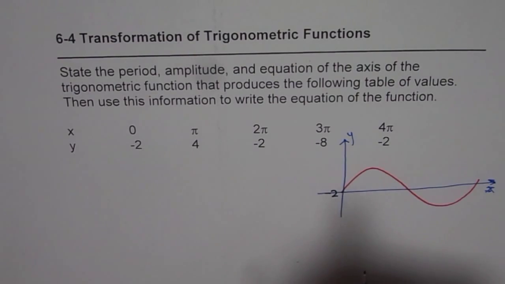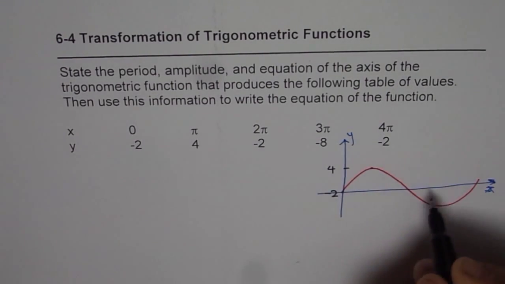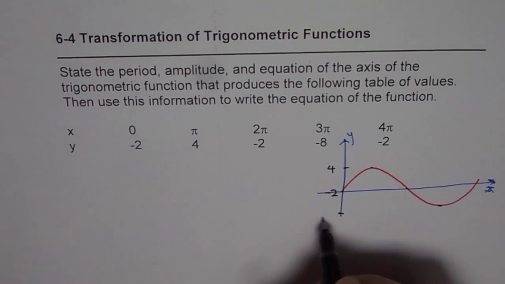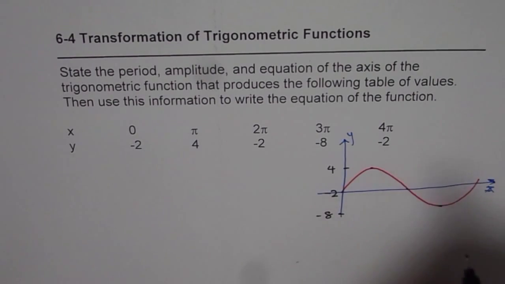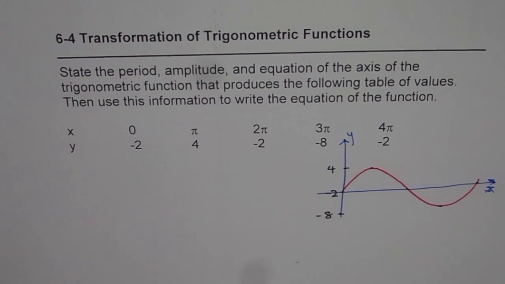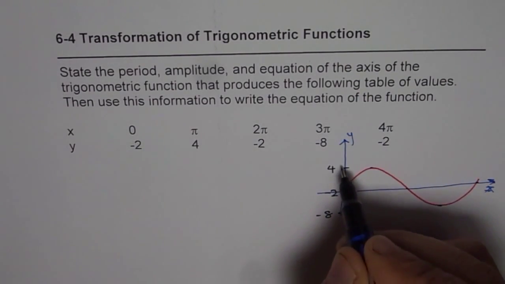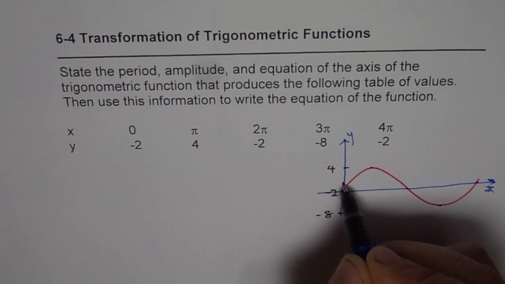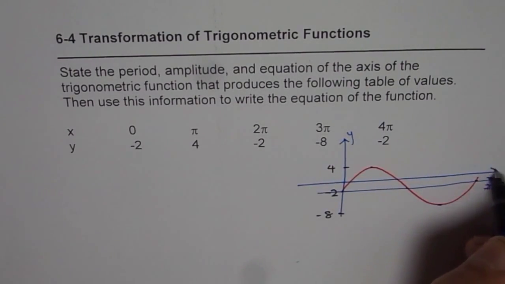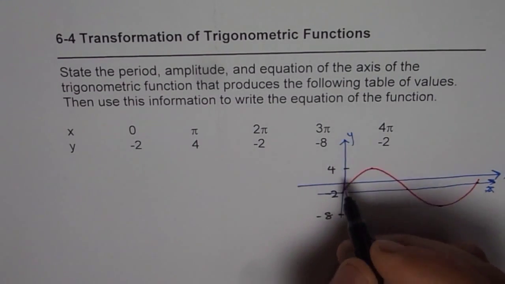It starts at minus 2, goes to 4, comes back to minus 2, goes to minus 8, and then back to minus 2. So the x-axis is somewhere between minus 2 and 4. It is 2 units from here, so it should be kind of like this. That is the x-axis, I mean to say 0 is here for us.